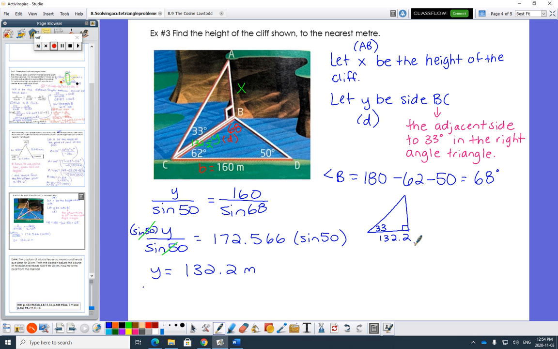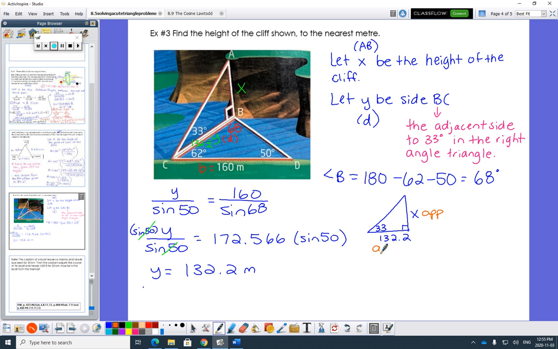We are looking for X. If that helps you, like especially in this crappy photocopied picture, maybe writing on the picture is not going to help you, okay? Because then now you're going to go back to what we did yesterday. So 33 degrees, side X is opposite.